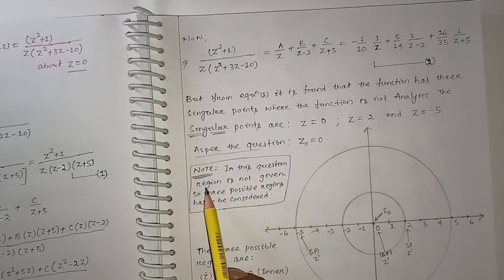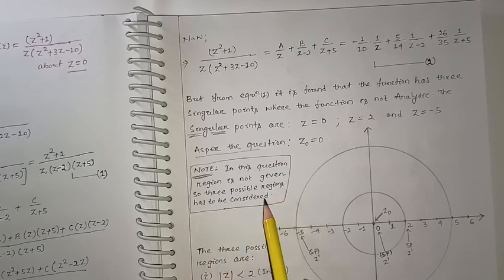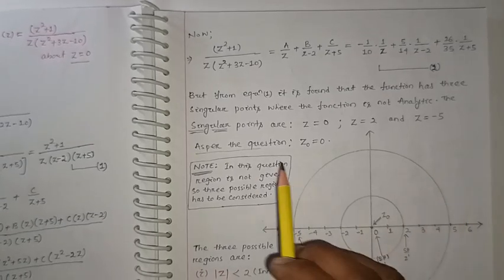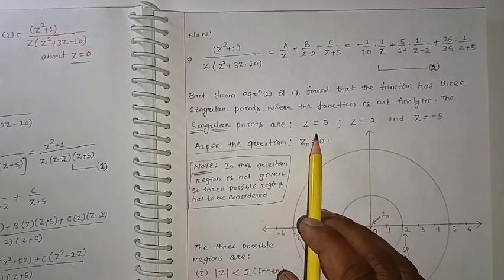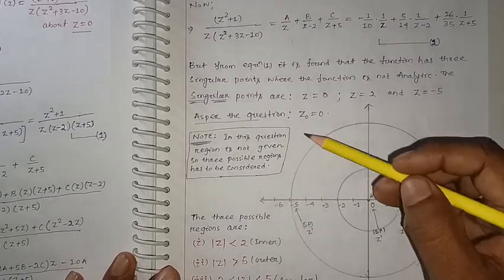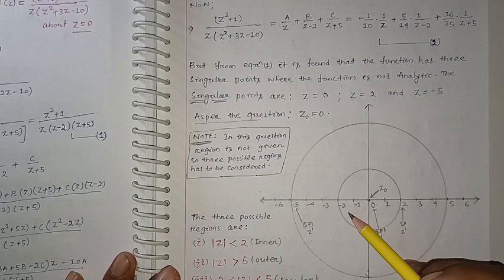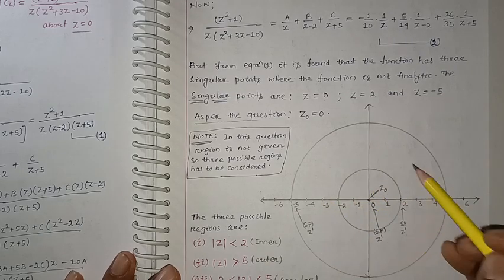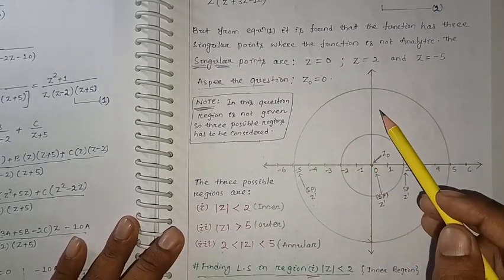So in this question the region is not given, so three possible regions have to be considered: the outer region, the inner region, and also the annular region.